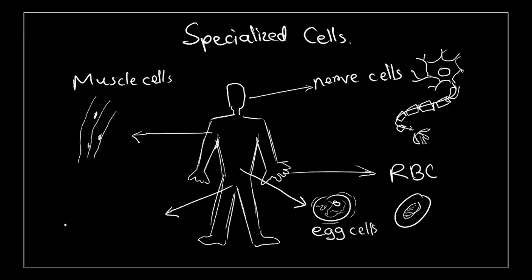It has a tail, so the sperm can swim. This helps the sperm swim to the egg. Both of them are related to reproduction. When they fuse together, they create what we call a zygote, and from the zygote, we develop into humans.